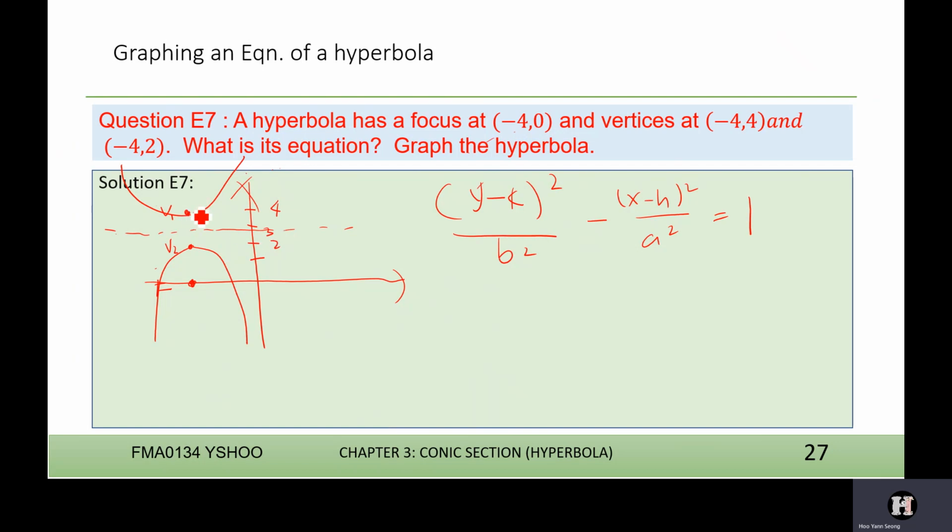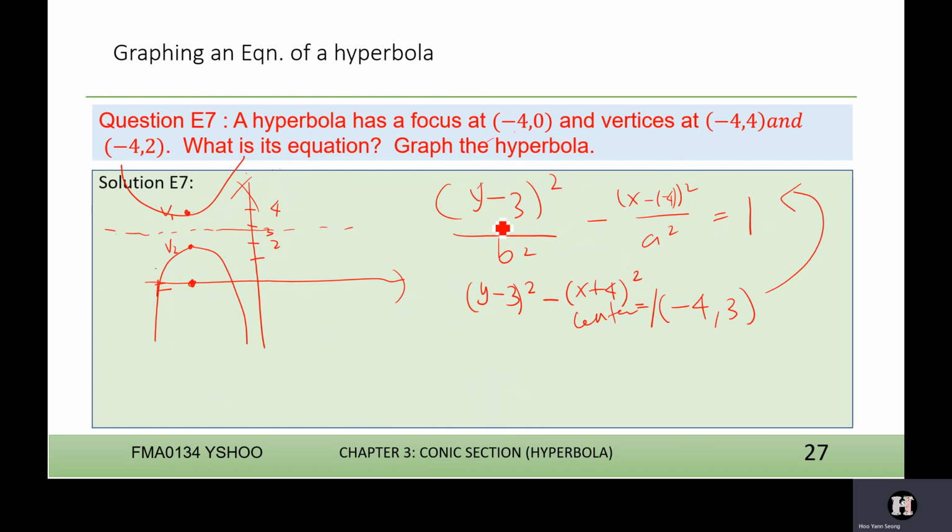X never changes because they are at the same line, so you must know that your center is -4, 3. So you substitute back into this, your y is 3. Because your h is -4, you're going to have y minus 3 square minus x plus 4 square, okay, this is x plus 4 square, equals 1.